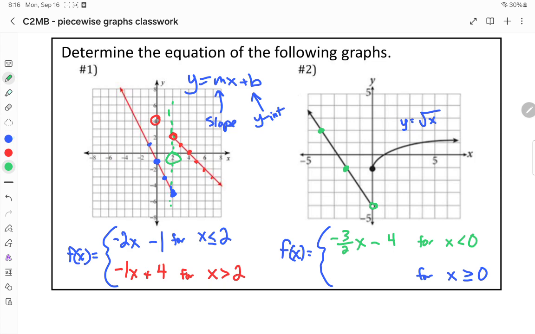All right, great. Now, when we get to our parent function graphs, like the square root graph, we are thinking not about slope and y-intercept, anything like that. We are thinking about our transformational form, which is y equals a square root of x minus h plus k.